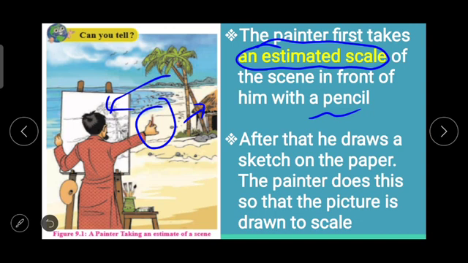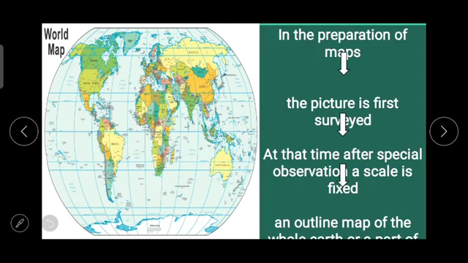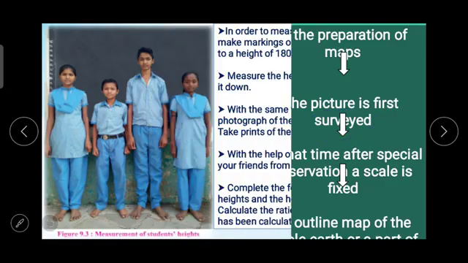Then if we talk about the second one, the world map, in the preparation of maps the picture is first surveyed. So survey is very important. After spatial observation, a scale is fixed. First thing, survey.